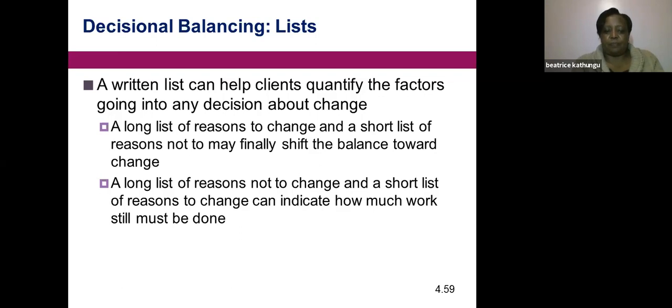At the same time, if they see a long list of reasons not to change and a short list of reasons to change, that can communicate to you that you still have a lot of work to do. A lot of work means triggering, evoking them to start thinking of other things that they probably haven't thought about. And this we can do using the techniques that Moses taught us in the last class about evoking change.